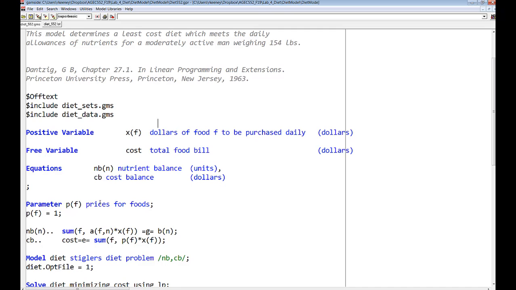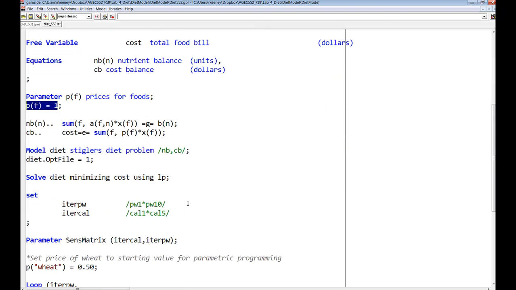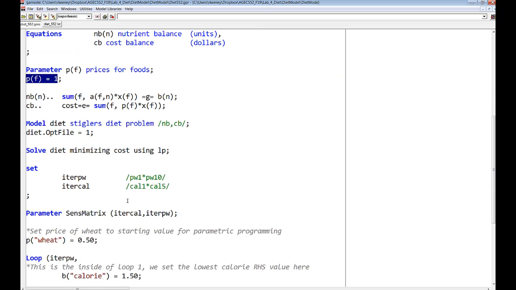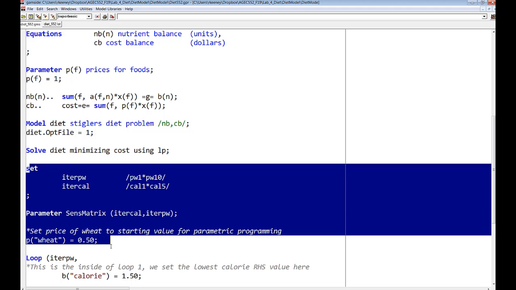And so we've gone through and modified this. We set up all the prices to be 1 here because we need those prices in this model. And if you remember in Lab 4, I told you to turn off everything after the solve statement by typing something like on text and then off text. Well, it turns out the rest of that stuff down here was the parametric program.